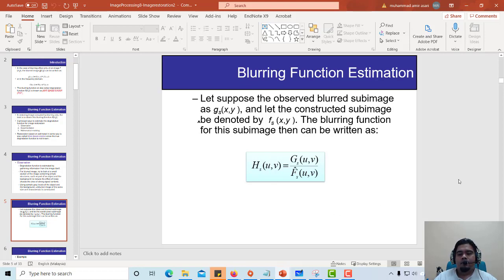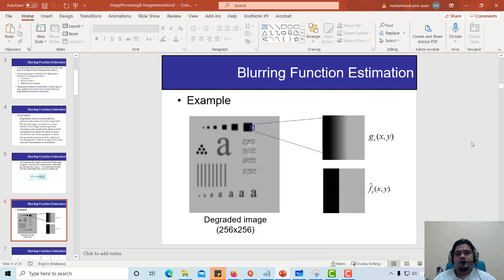So how do we obtain our F here? For this purpose, you need to capture an image like this. If you have an image like this, of course this is your G, it's not your F. So what you do is crop any small portion of the image that contains an edge or boundary, for example this one.